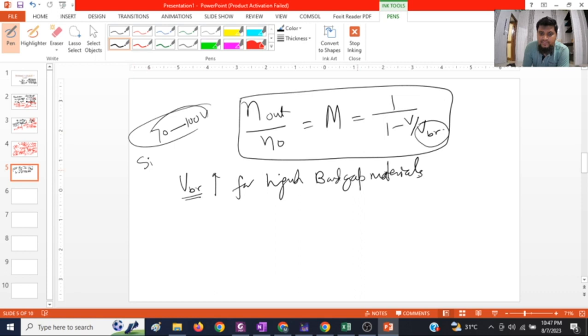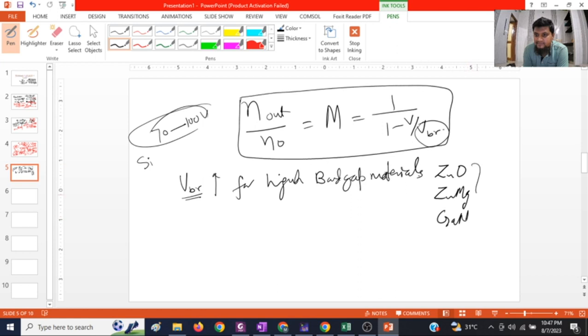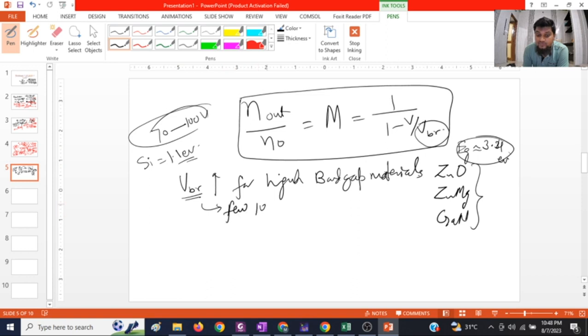However, for large band gap materials like zinc oxide, zinc magnesium oxide, or gallium nitride, which has band gap Eg of the order of 3.3 or 3.4 electron volts, around this, while silicon has a gap of 1.1 electron volts, right? So for these, VBR may actually range up to few hundreds of volts.